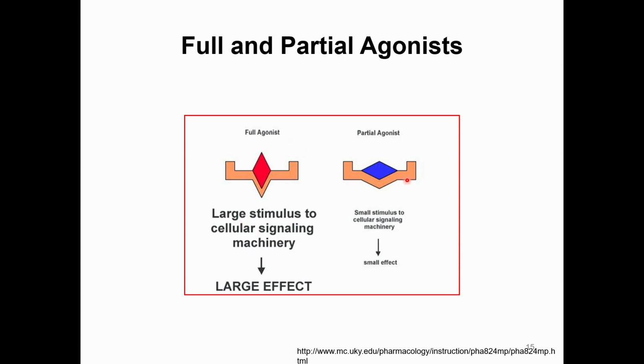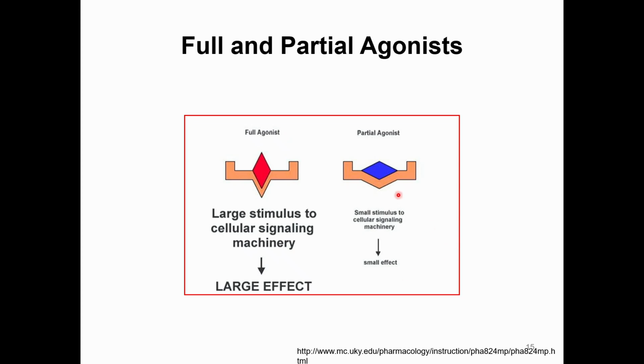A partial agonist is a different chemical entity, but when a partial agonist binds the same receptor, you get a smaller stimulation of signaling and a smaller effect. So it just doesn't work quite as well. And there are a lot of examples of drug classes where you have full agonists and then other drugs that are partial agonists.